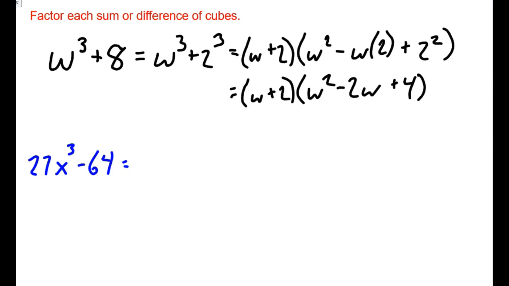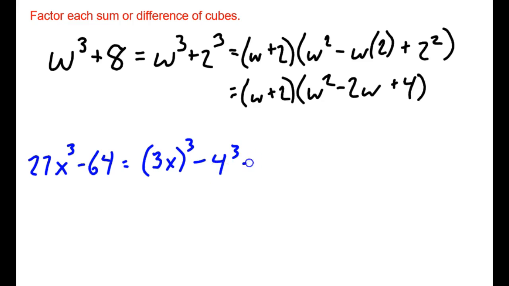In this next example, we have 27x cubed minus 64. The first thing we need to do is rewrite these so we can see what our a and b values are. So we can rewrite 27x cubed as 3x quantity cubed minus 4 cubed. So now we can easily see what our a value is, 3x, and our b value, 4.